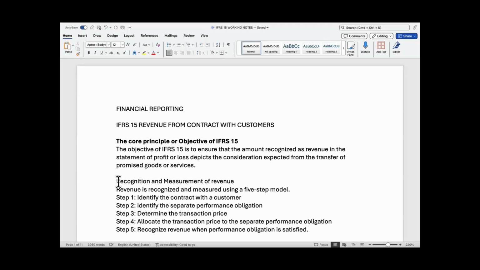So these are the 5 steps involved in revenue recognition. You need to know these 5 steps by heart. They can ask you. So step 1 is to identify the contract with the customer. Step 2 is to identify the separate performance obligation.